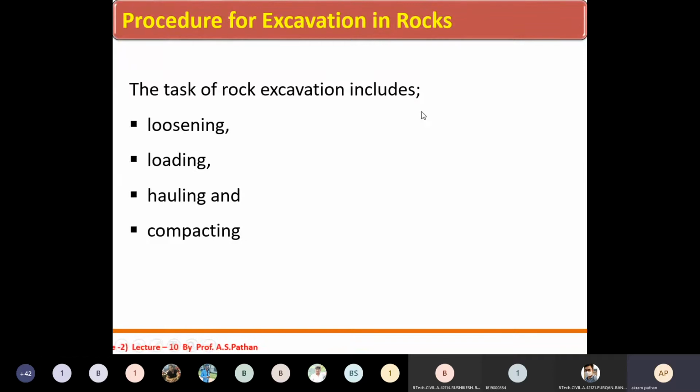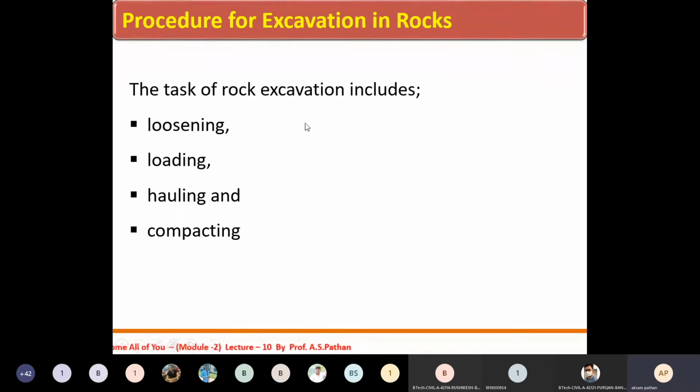Then we require which type of material, murum or certain other things. So for the excavation purpose we are going to select the mining, and once you select the mining according to your purpose, how will the excavation be done there? First of all, you have to loosen the particular material.